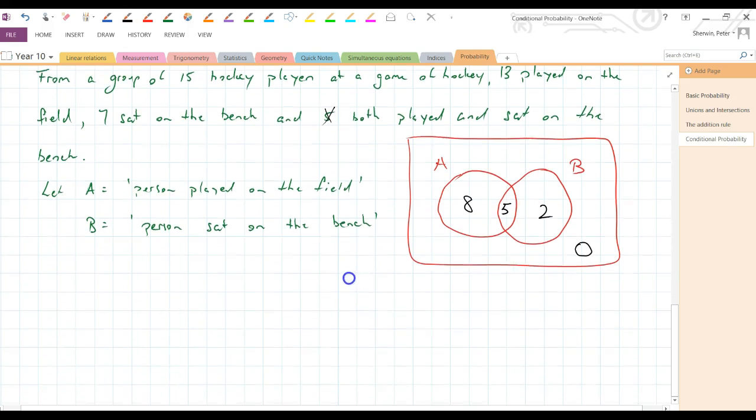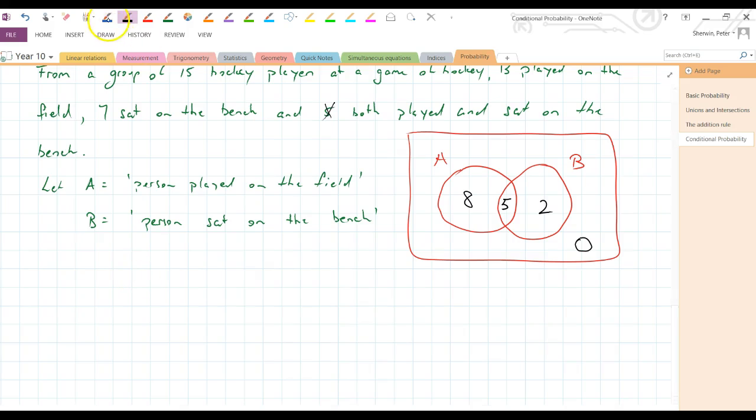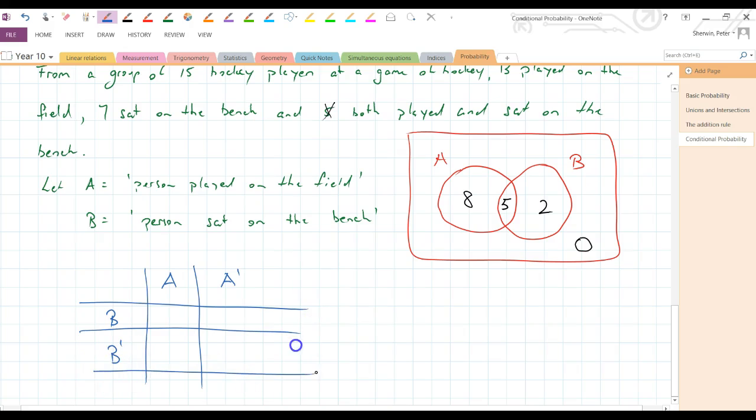So in a two-way table, how would that look? Well, we'd have our A and A complement, we'd have our B and B complement, and we draw it up like so. Our A intersection B, put 5 in there. Our A complement, B complement, not A, not B, that's 0.